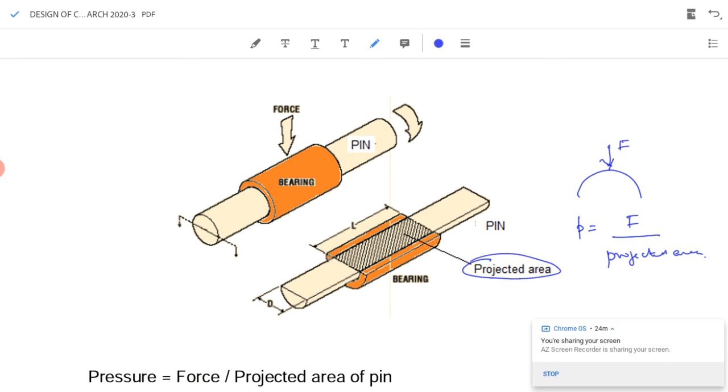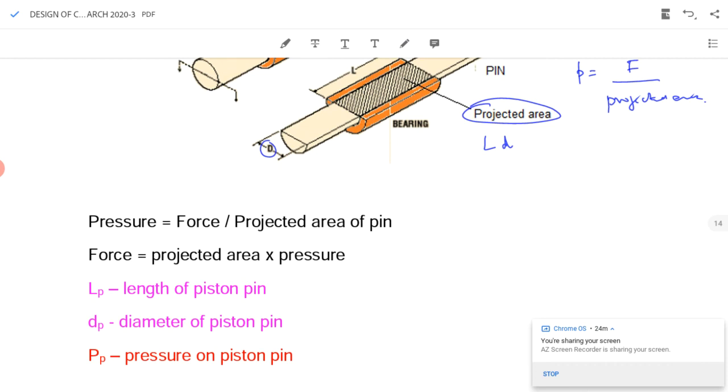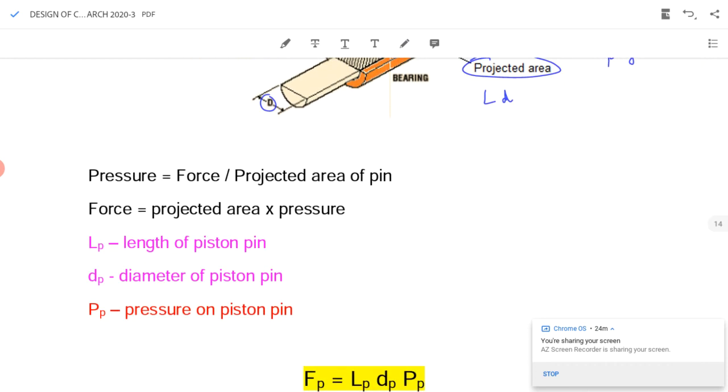So, area will be equal to L into D, where L is the length of the pin which resides inside the bearing and D is the diameter of the pin. So, we can find pressure equal to force by projected area, or we can write force equal to pressure into projected area. You have to remember this equation. It's not given in the data book.